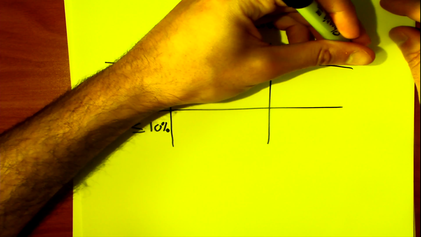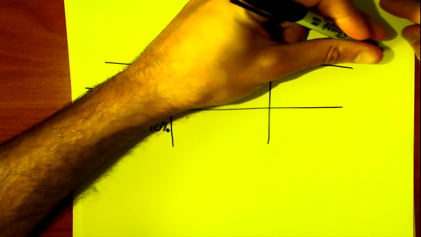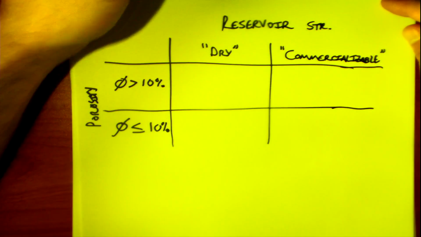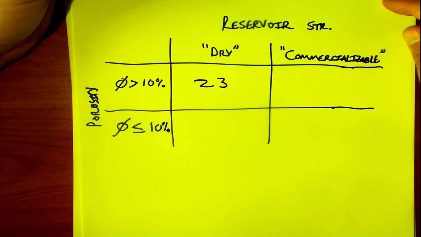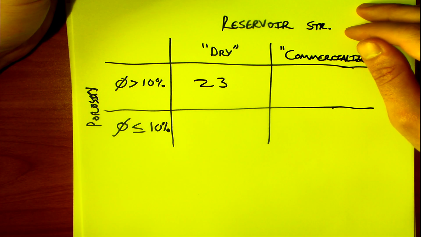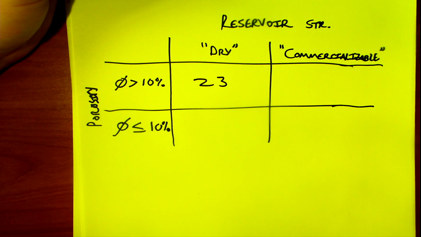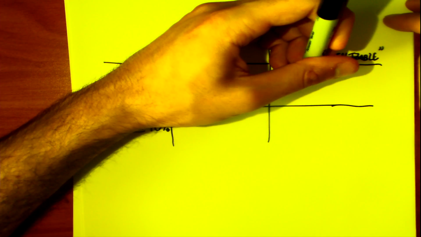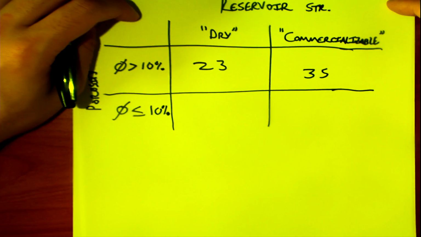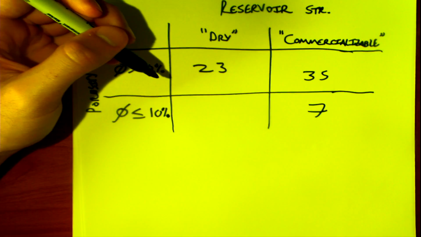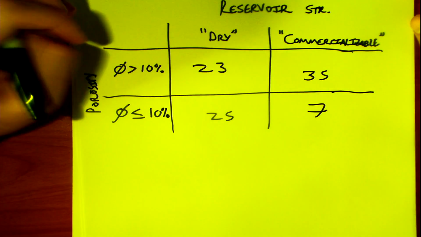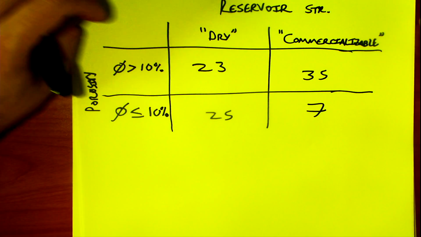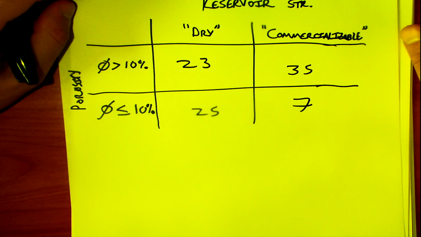All right. So say there were 23 points that were dry, even though they had a relatively high porosity, 35 that were commercializable and had a higher porosity, 7 that had low porosity but were still commercializable, and 25 that were both dry and had a relatively low porosity.